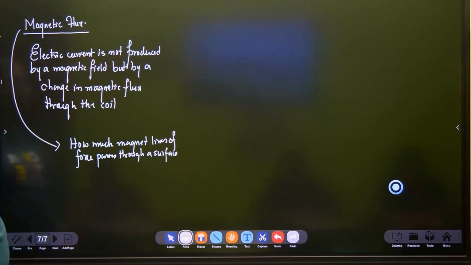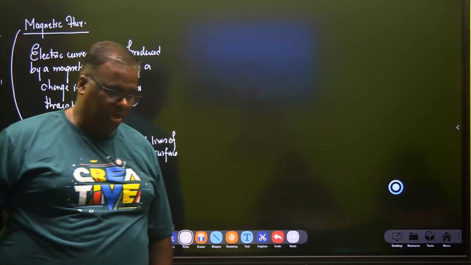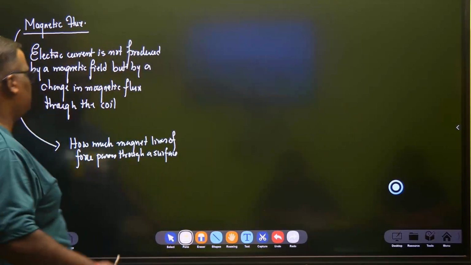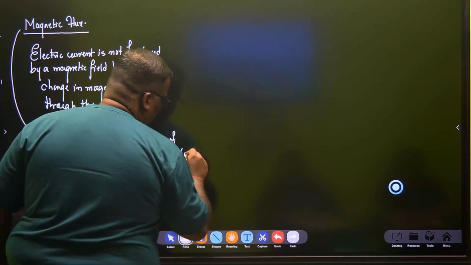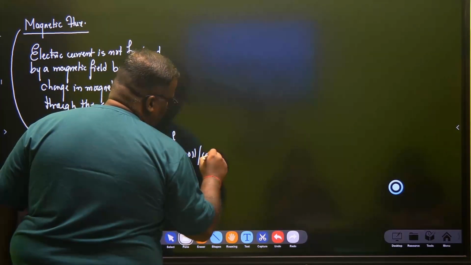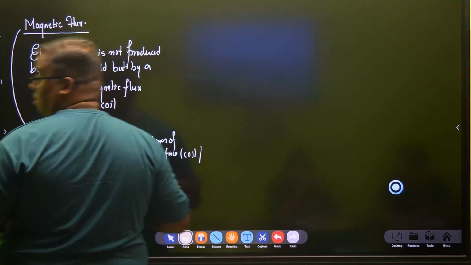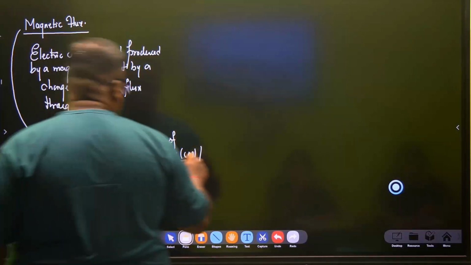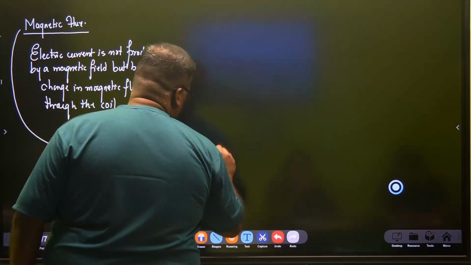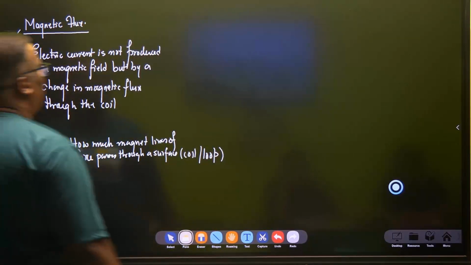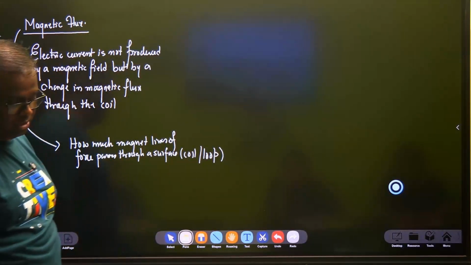What do you mean by magnetic flux? It just says how many magnetic field lines pass through a surface. The surface can be that of a coil or a loop, and you're interested to find out how many magnetic field lines will be actually crossing through it.